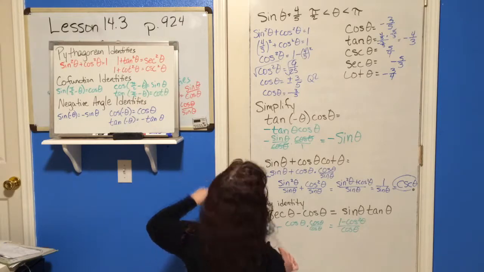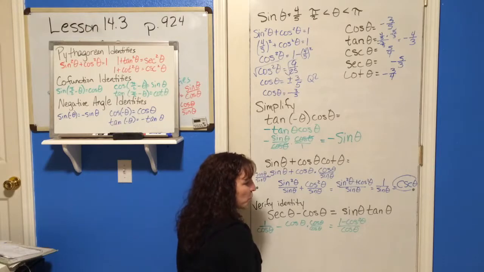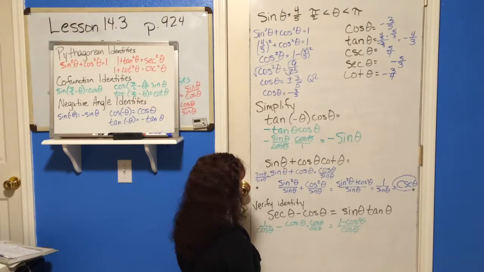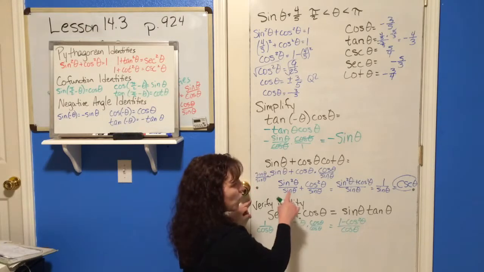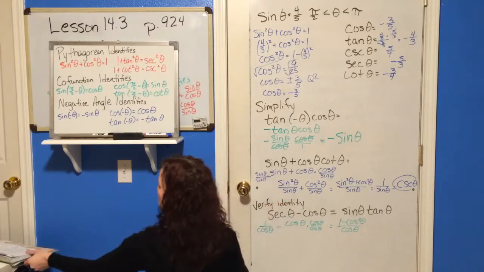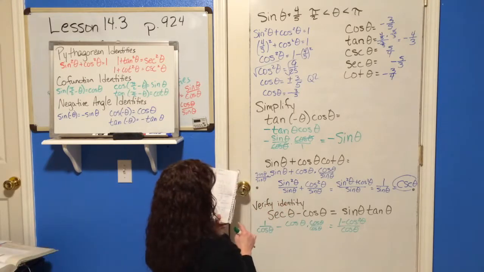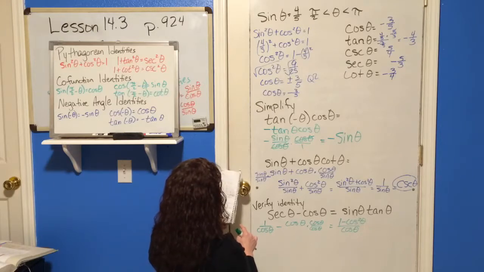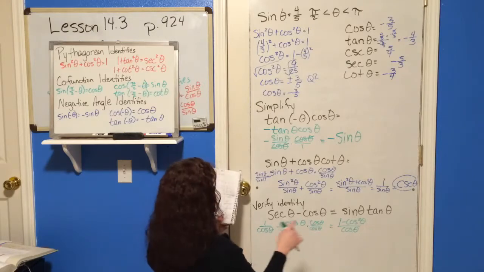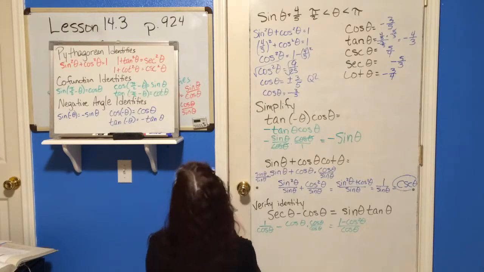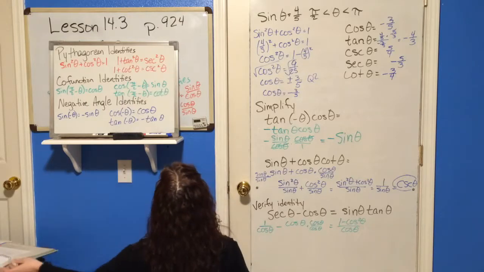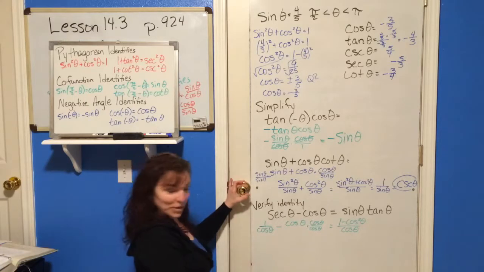What have I done? Oh man, I hate this when this happens. I'm looking at the wrong notes. Secant, yeah, I'm doing it right. I was just looking at the wrong one over here. Okay, so 1 minus cos, oh, that's why.